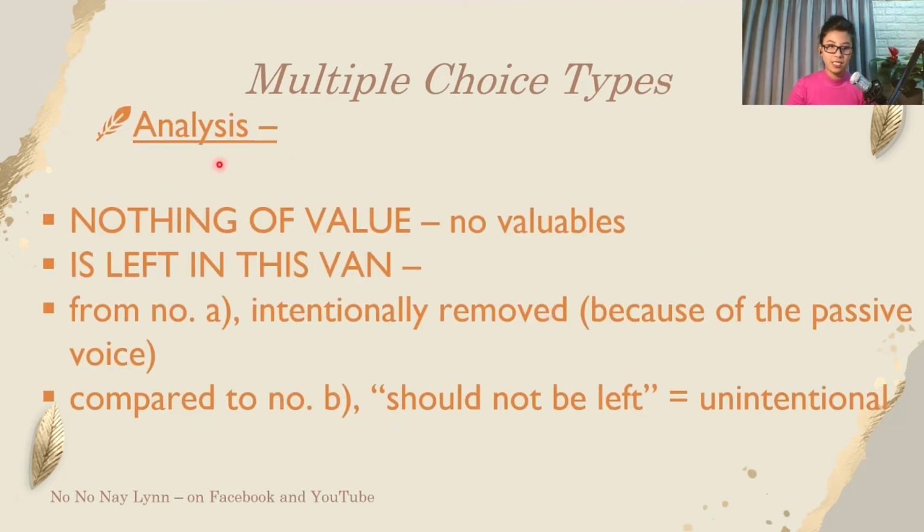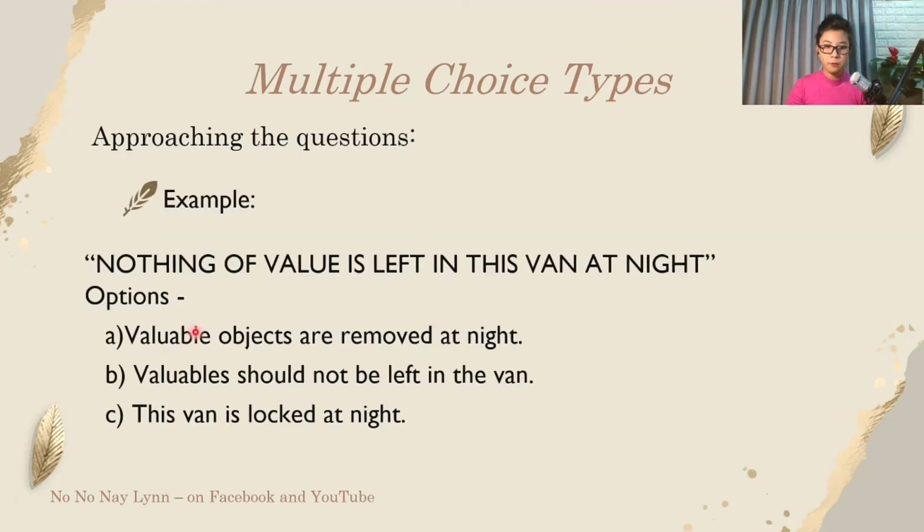And analysis here, it says nothing of value. So what we're doing right now is breaking the question down into more detailed and more comprehensible details. It doesn't really mean that nothing is of value, because according to the options here, we see valuable objects and also valuables.